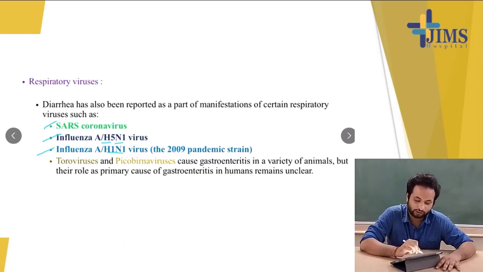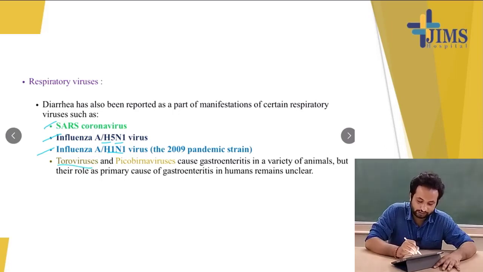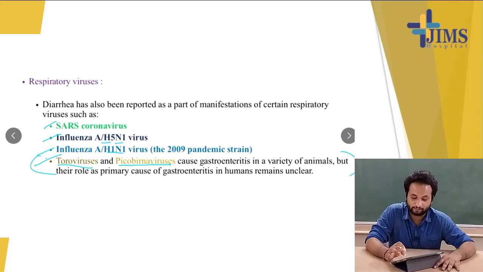And then there are two other viruses which are not that important and do not cause gastroenteritis in humans so much. They cause diarrhea in a variety of animals, which are Toroviruses and Picobirnaviruses. So these two are also among the viruses which cause viral diarrhea.